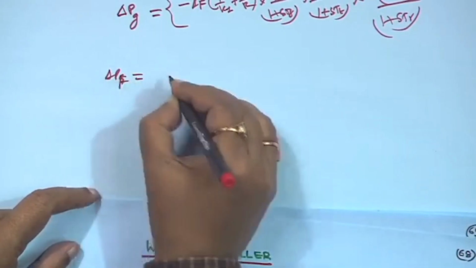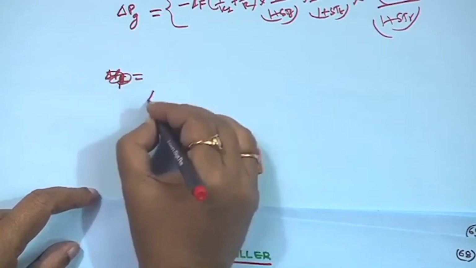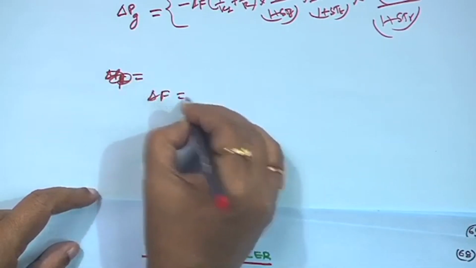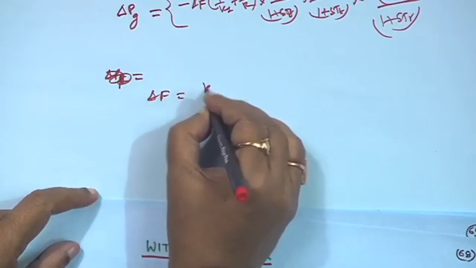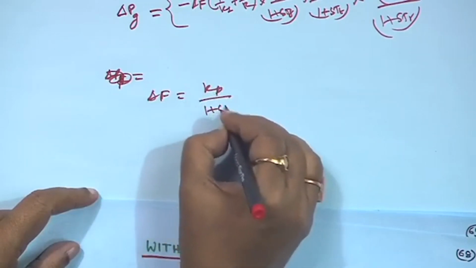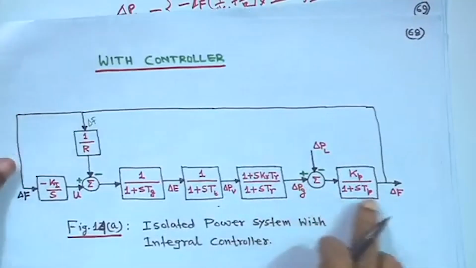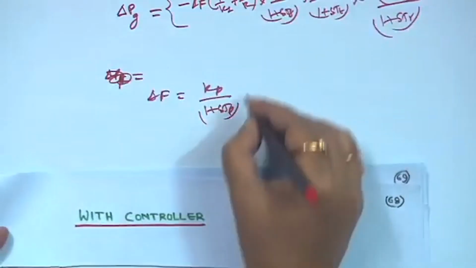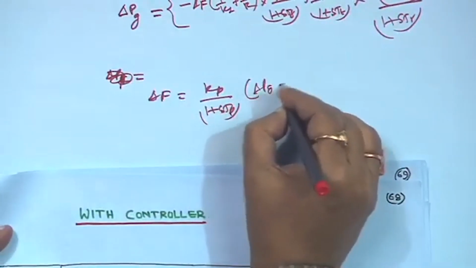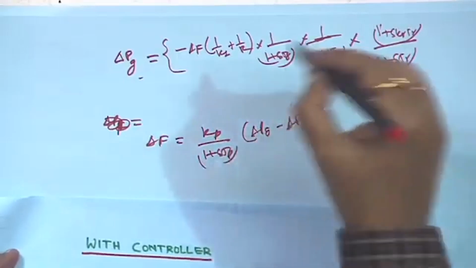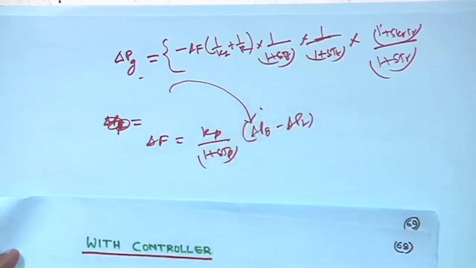Delta F is equal to K P upon 1 plus S T P from this diagram, into delta P G minus delta P L. This delta P G, whatever is written here, you substitute here.